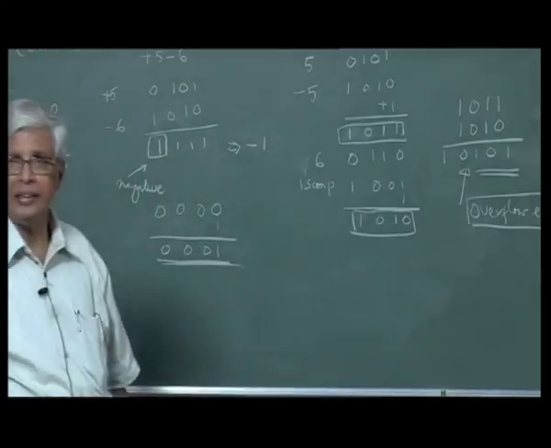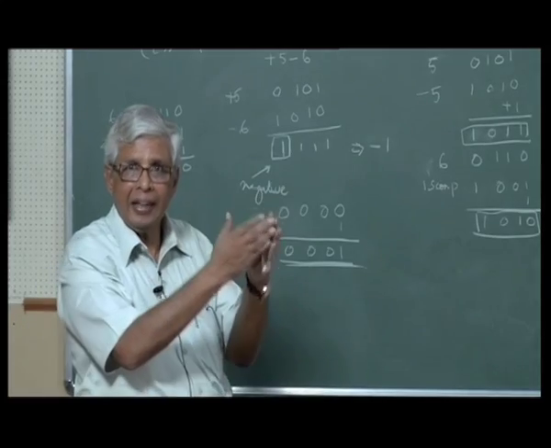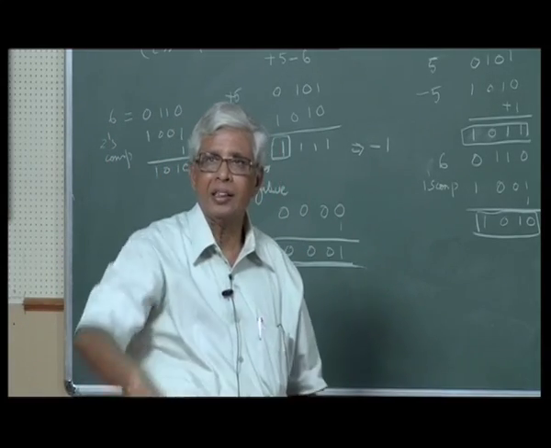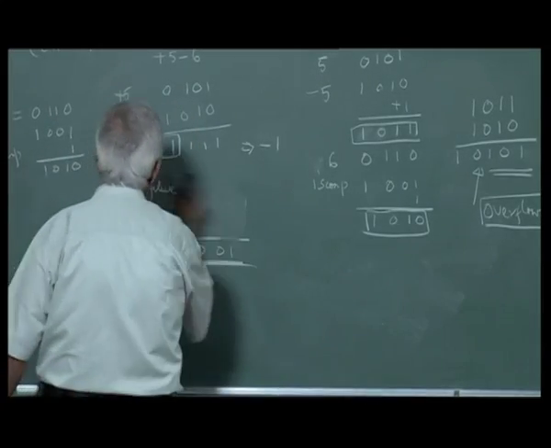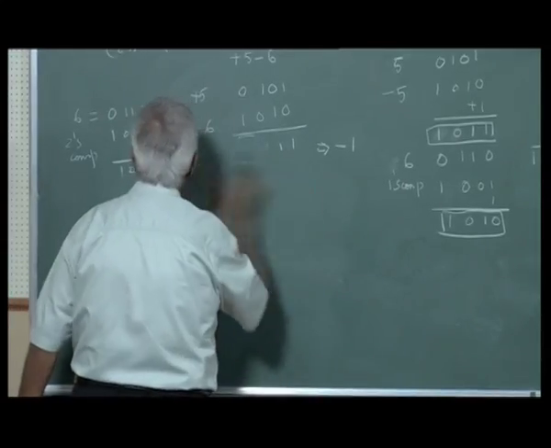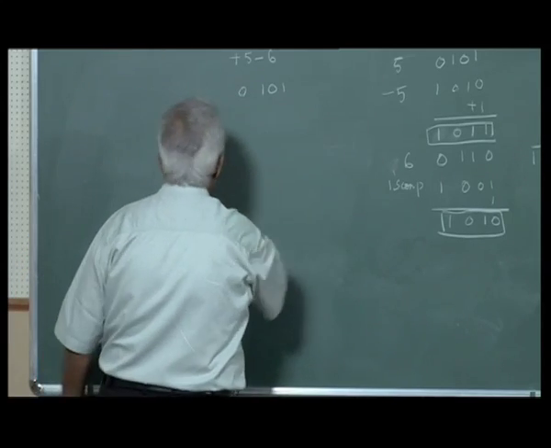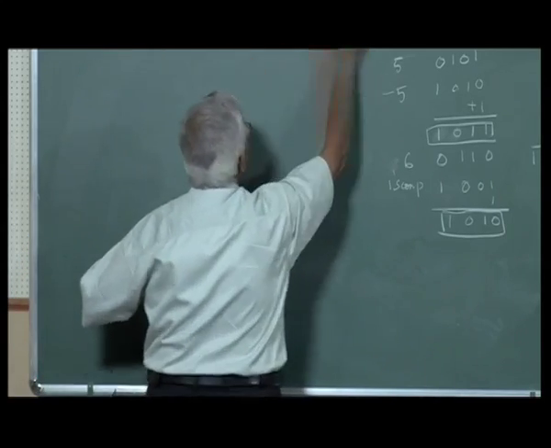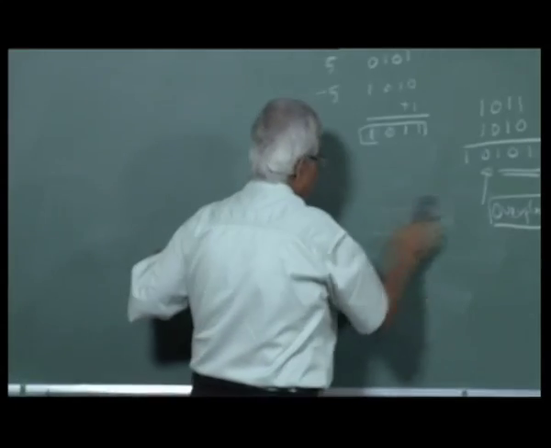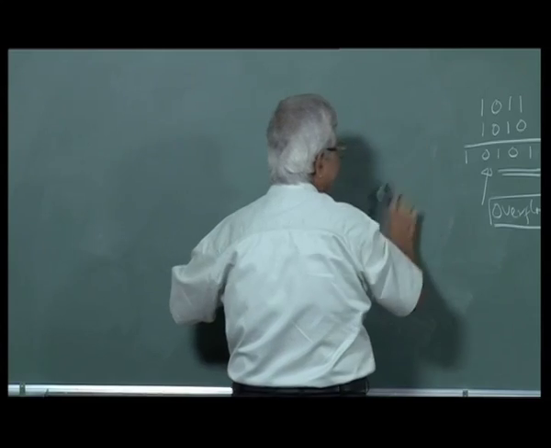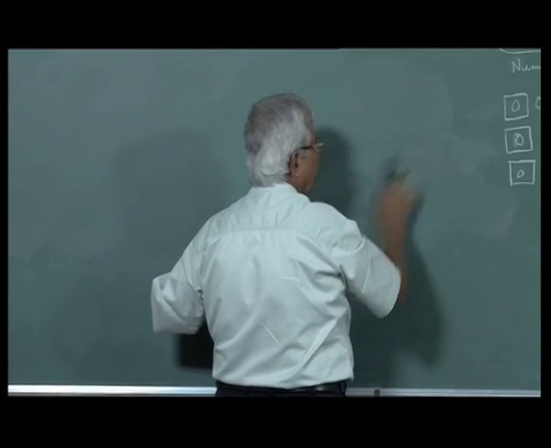It's called end around carry. That carry which is discarded in 2's complement, we have to bring it back and add it. That's all. I will show it to you. Now why I did not do it is, generally we use only 2's complement.